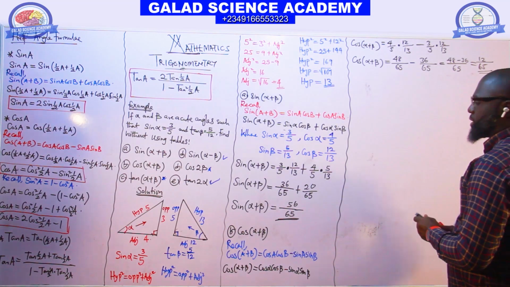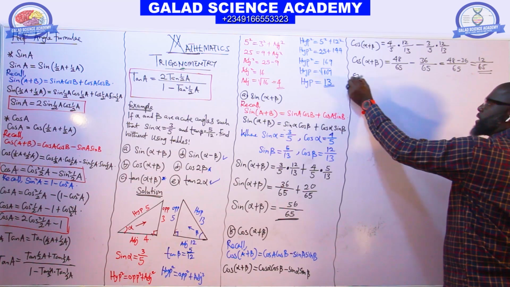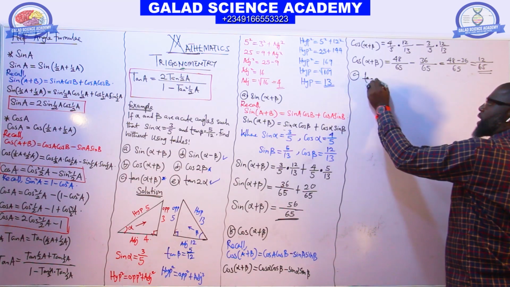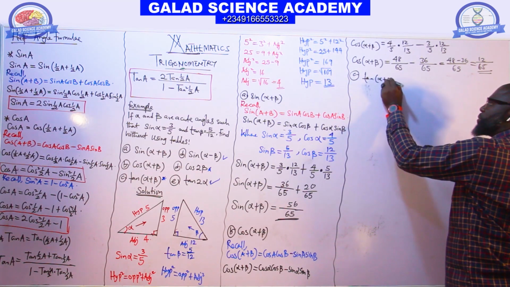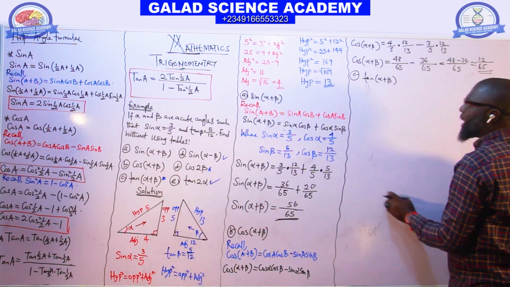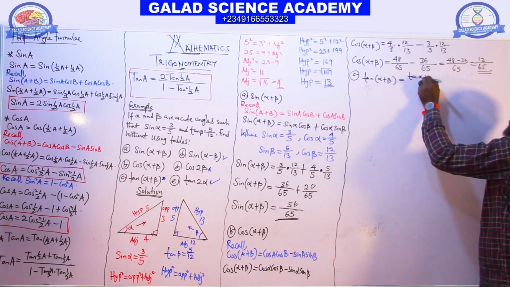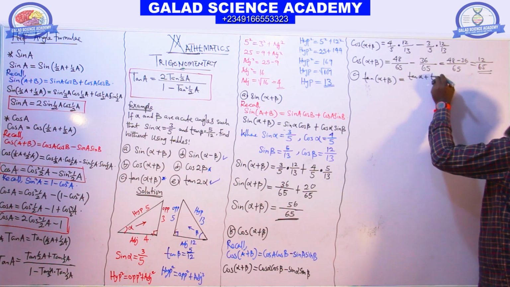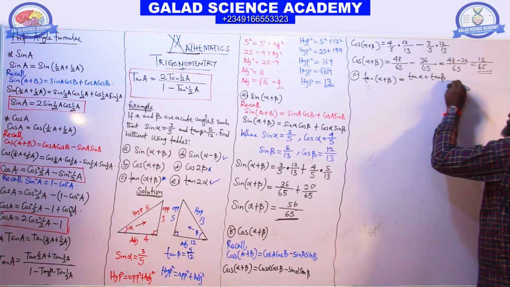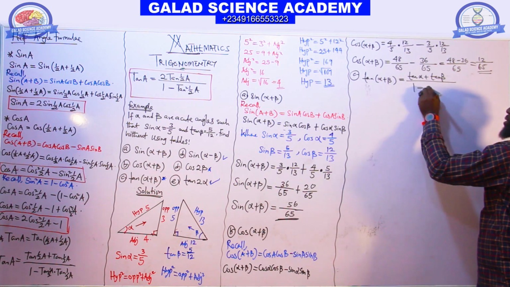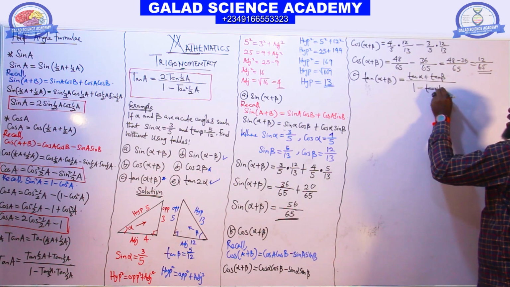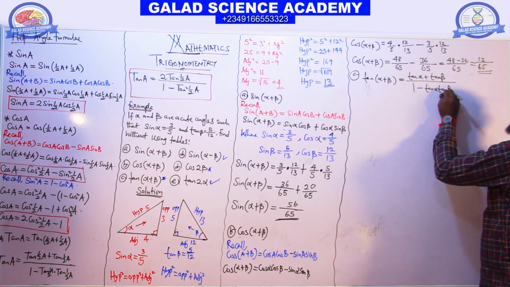So let me take C. C now, we have tan alpha plus beta. By applying the trig identity, tan alpha plus tan beta over 1 minus tan alpha tan beta.